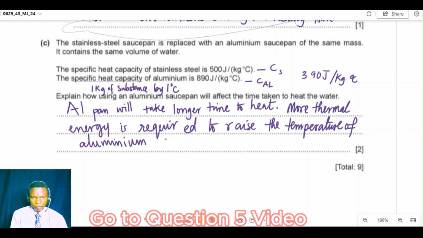So the aluminium pan has a higher specific heat capacity. It's already given there, so there's no need of saying it because it's given to us in the question.